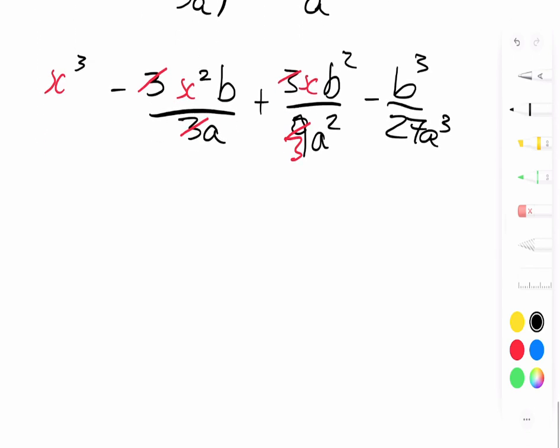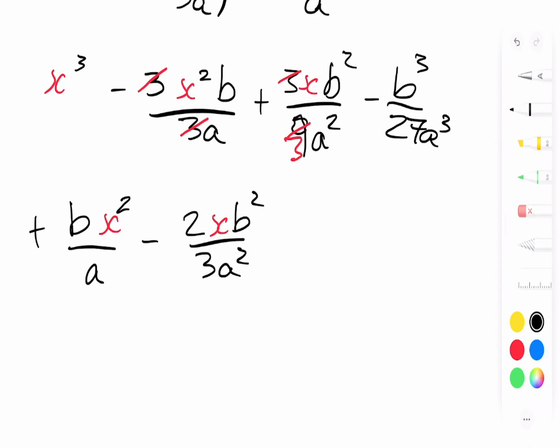Next line, we have plus b x squared over a minus 2x b squared over 3a squared plus b cubed over 9a cubed.